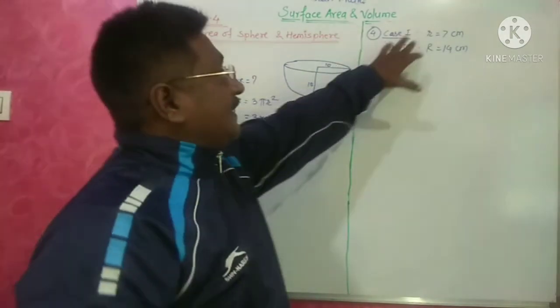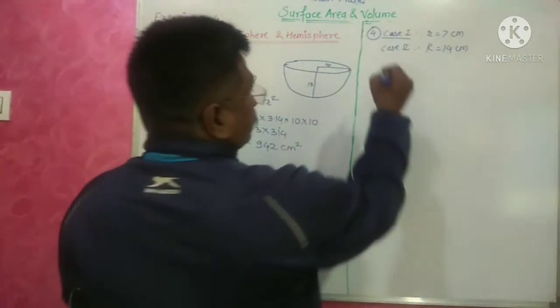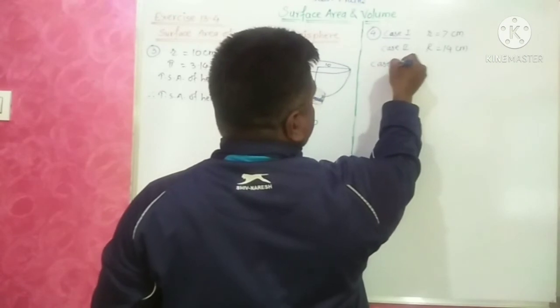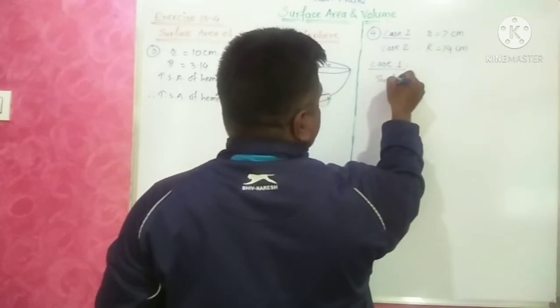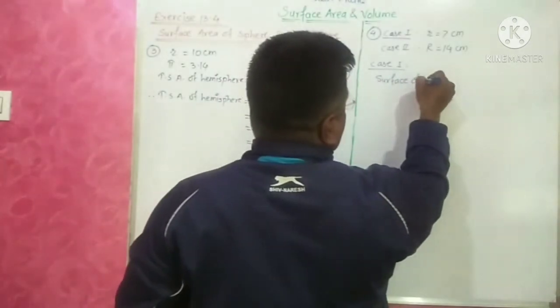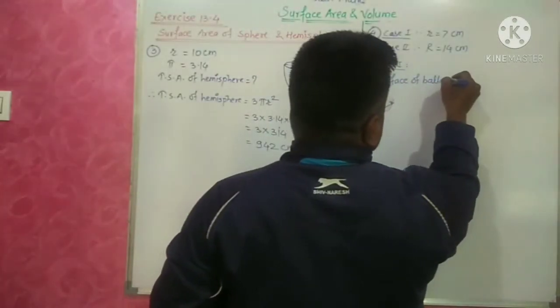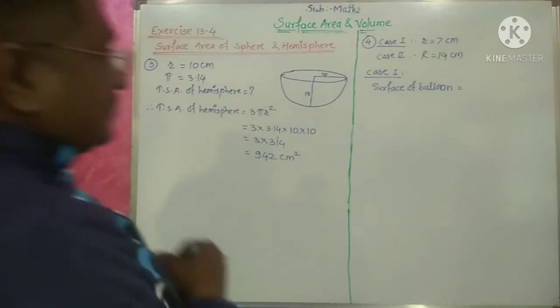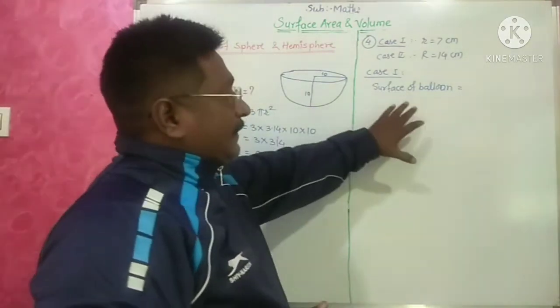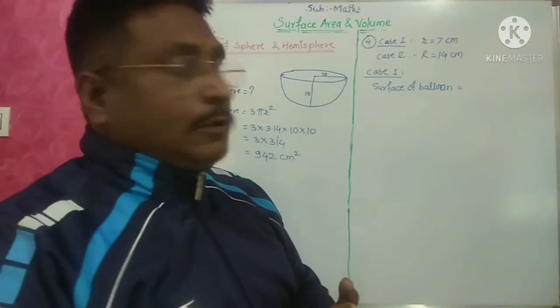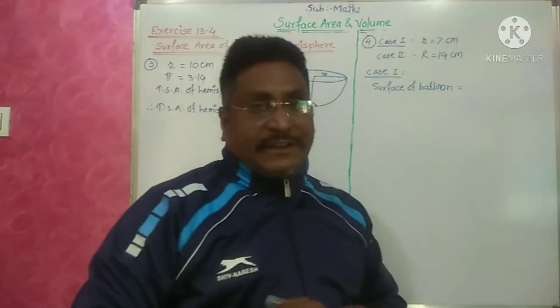So surface area in the first case, case 1, surface area of balloon. In a spherical balloon, only the total surface area is there.